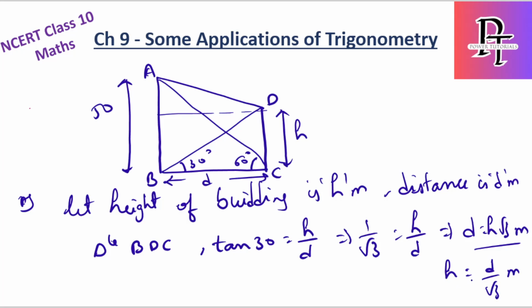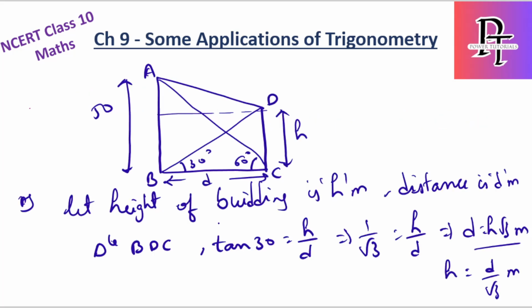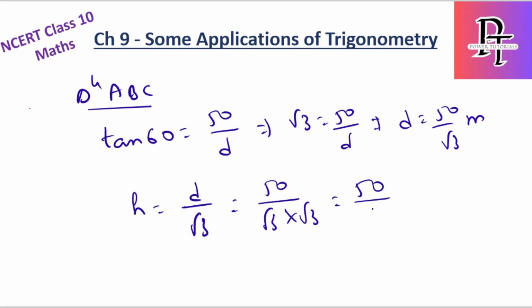Okay, so substitute. Now we know the d value. The d value is 50 by root 3. So now write h is equal to d by root 3. d we got is 50 by root 3. So 50 by root 3 by root 3 becomes 50 by root 3 into root 3. Okay, so the height of the building will become 50 by 3 meters.